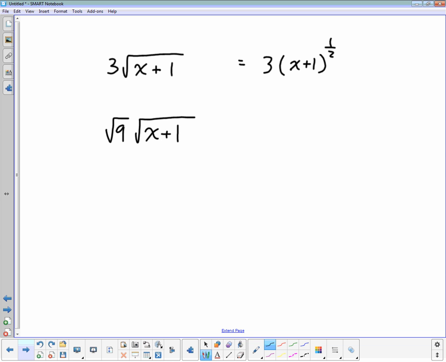So in order for me to show that, I turn this into and now since they both have the same power, I can play with the bases, because what I'm doing now is this.